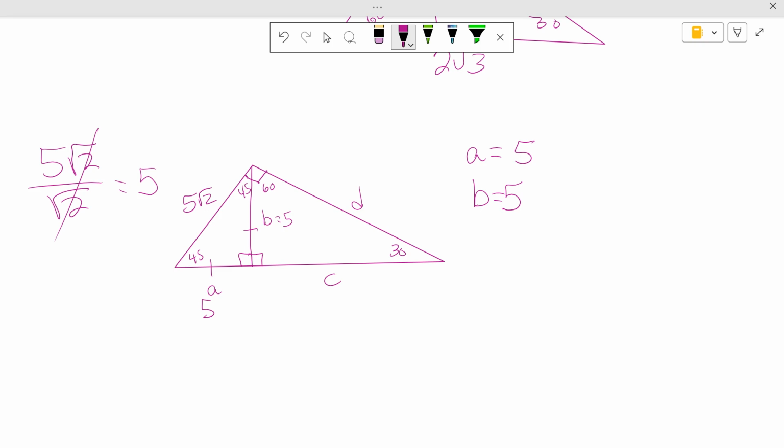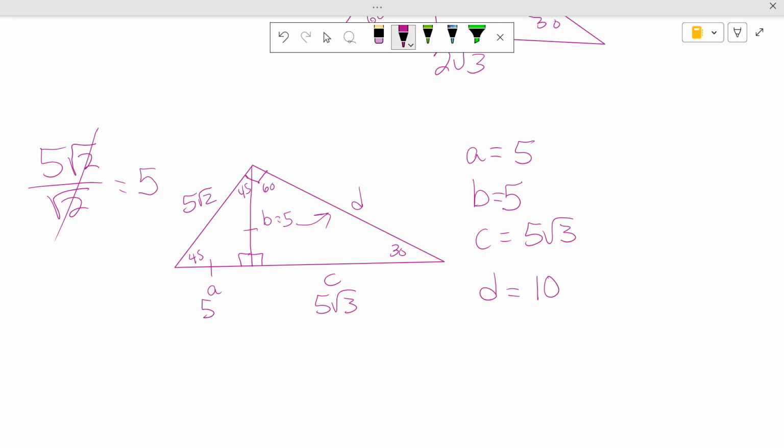If the short side is 5, how do we get to the long leg? We multiply by the square root of 3. So C is 5 square root of 3. And D, how do we get to the hypotenuse? Multiply by 2. So D is 10.